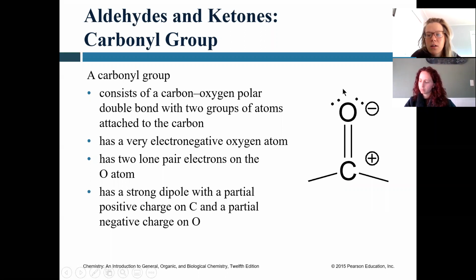The oxygen in general is very electronegative, so the electrons are much more attracted to the oxygen. So the oxygen generally has an overall negative charge and the carbon will have sort of a positive charge, because all these electrons, even in this double bond, are sort of shifted to the oxygen. It has a strong dipole with a partial positive charge on the carbon and a partial negative on the oxygen. So this is sort of a sticky thing. It has this very polar quality to it. It will grab onto other things that are charged as well.